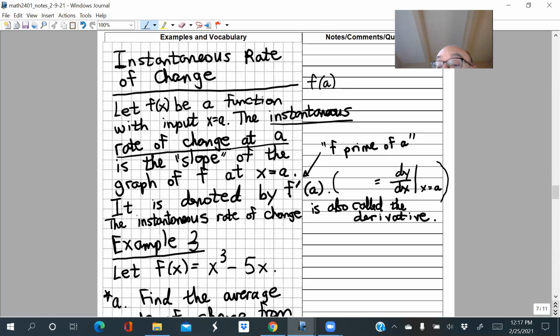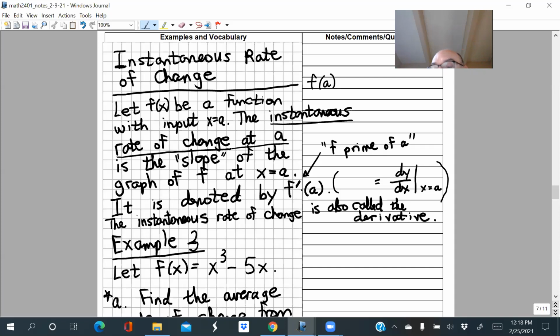This means the instantaneous rate of change of the function at the input a, how fast the function is increasing or decreasing at the input a. So this is: what's the y value of the function at the input a. This is: how fast the y values are changing at the input a. So be very careful to look for this in function notation, because we're going to use this frequently.